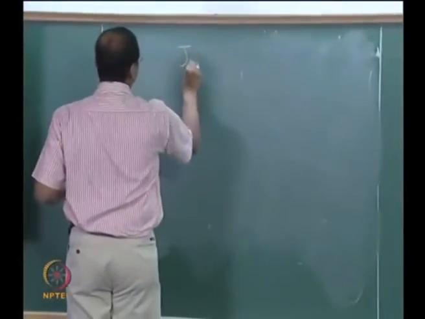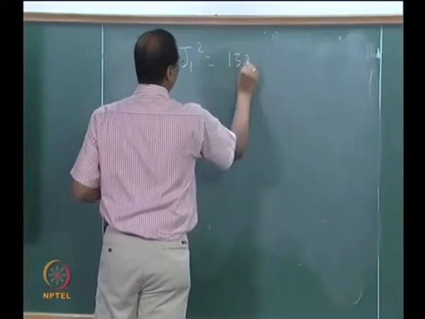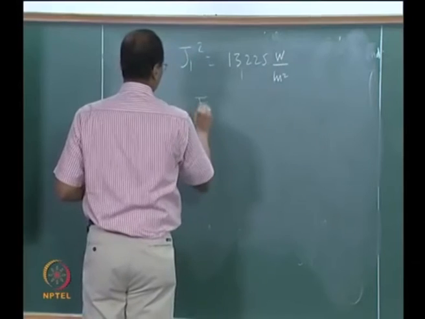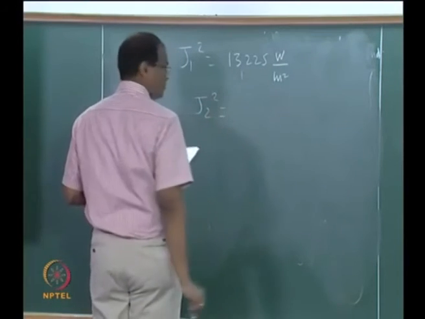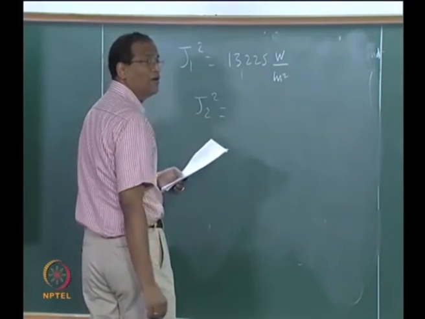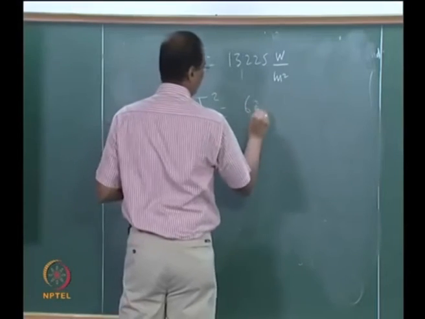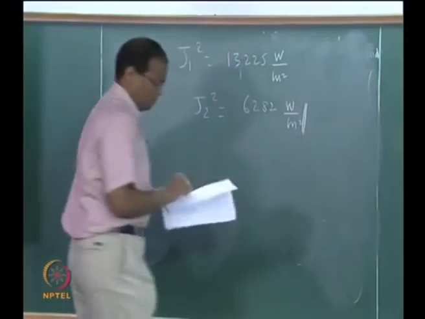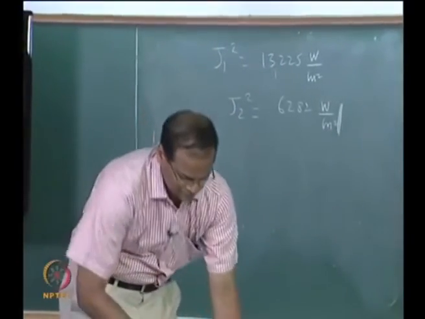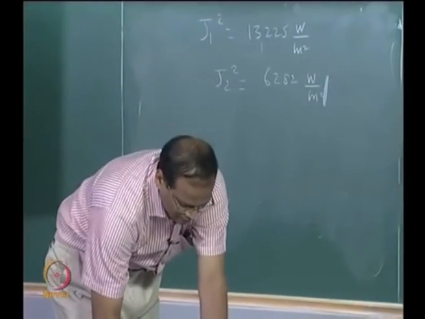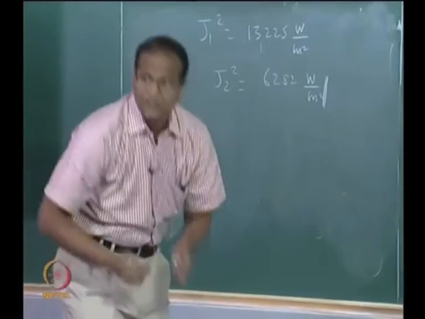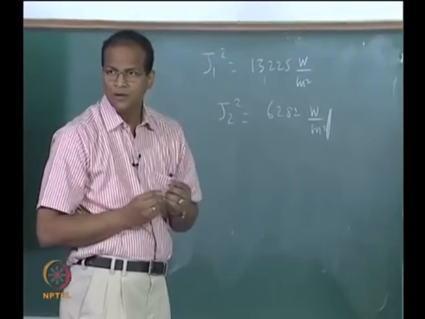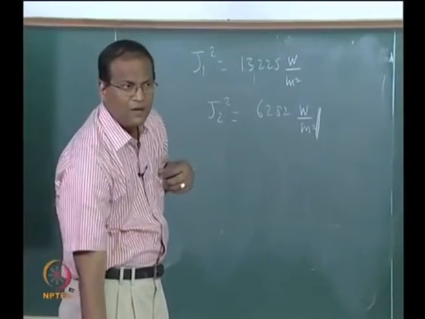So J22, is it okay? What happened? Equations are right?